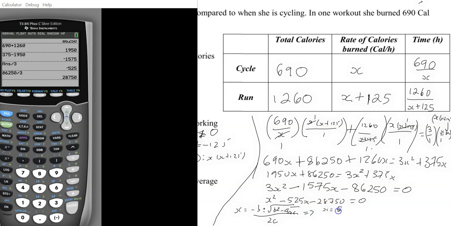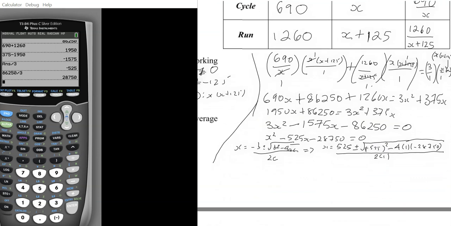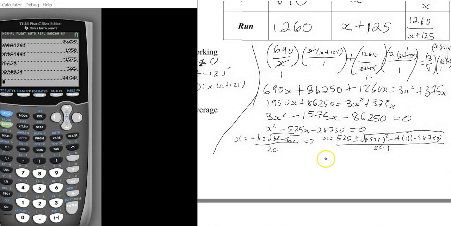So x is going to be 525 plus or minus the root of negative 525 quantity squared. Just remember, b squared is always going to be a positive number. Minus 4 times 1 times negative 28,750, all over 2 times 1. 525 plus or minus.